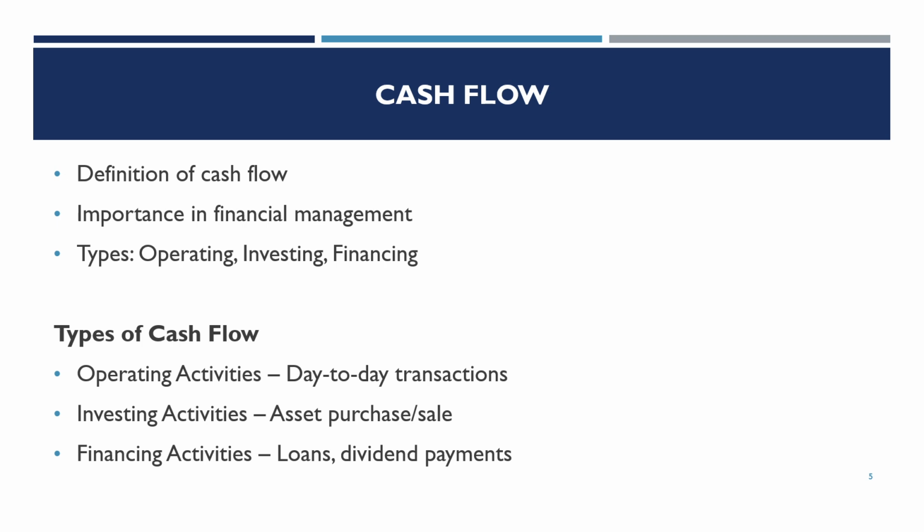The money coming into the industry or going out from the industry, that movement of money is called cash flow. Unlike profit, it reflects the real-time liquidity of the company.